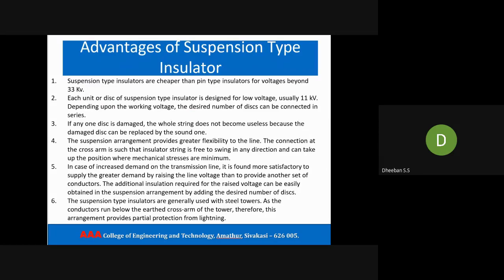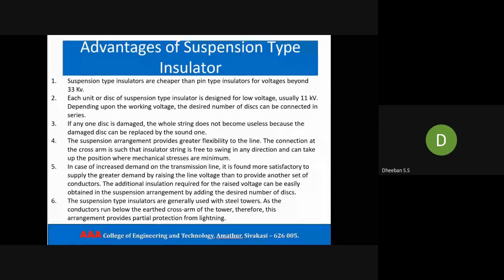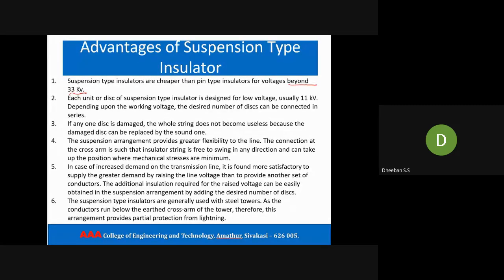So the advantages of the suspension type insulator. The first advantage is that, as I said, it can be used beyond 33 kV. The next is that each unit of the disc suspension type insulator is designed for low voltage, usually 11 kV. Hence, if you are designing for 11 kV, you can go for this kind of suspension type insulator also.